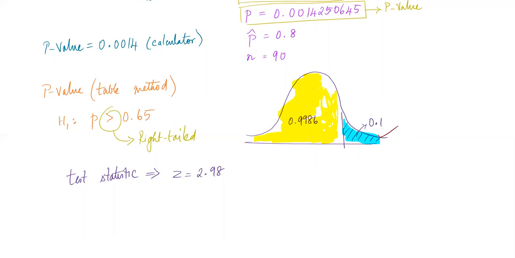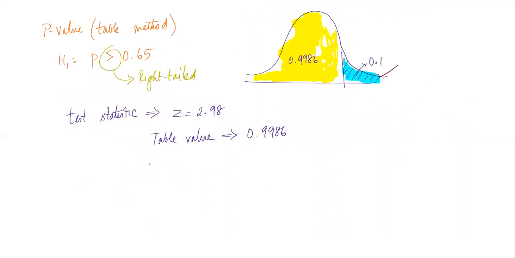Therefore, you'll have to take your table value. Table value is 0.9986 for a right-tailed test.